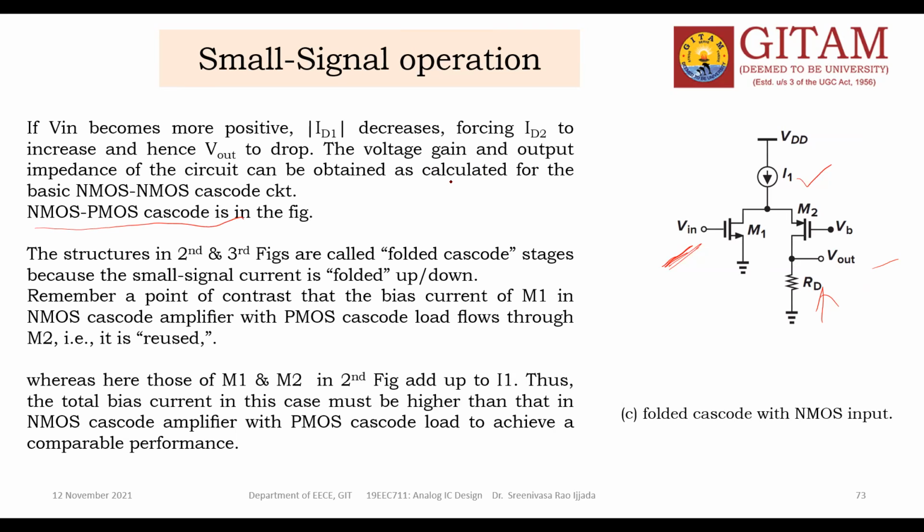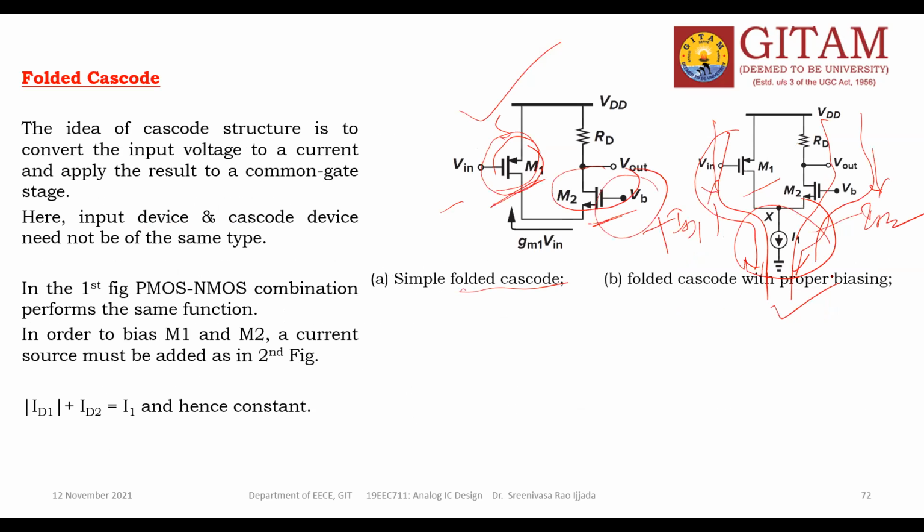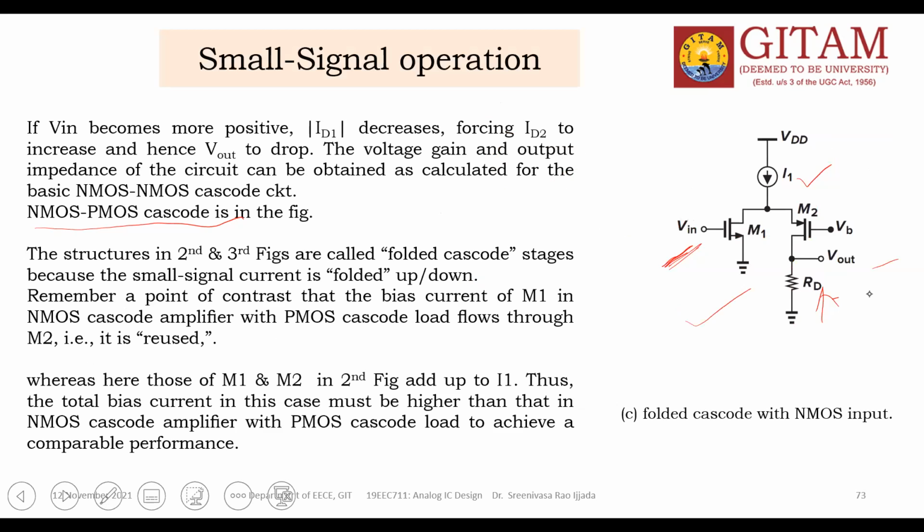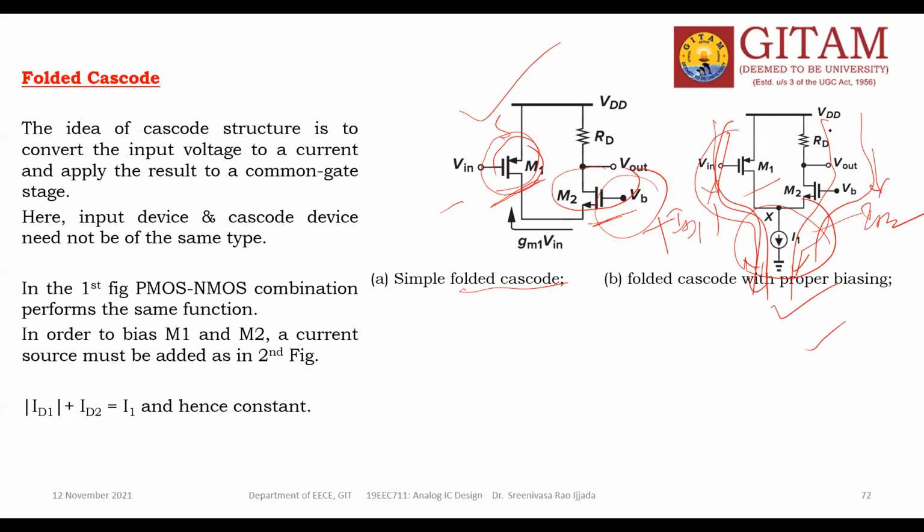So the structures in the second and third pictures, this is the third picture, this is the second picture, are called folded cascode stages because the small signal current is folded up or down. Here, this current is folding up like this. Here, folding down like this.